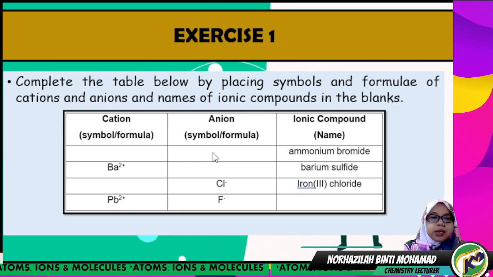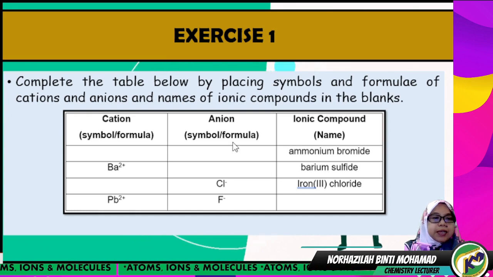You just write the symbol or the formula. For the second question, write the anion only for barium sulfide, as the cation has been given. The third question blanks the cation but gives the anion for iron 3 chloride. You just write the symbol or the formula.